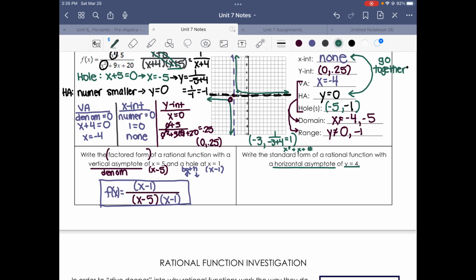If the horizontal asymptote isn't 0, it's because the powers are the same and because the 4 is the leading coefficients divided. So give me two numbers that divide to equal 4, like 8 divided by 2. Then you need to give them the same powers, so like x squared and x squared.